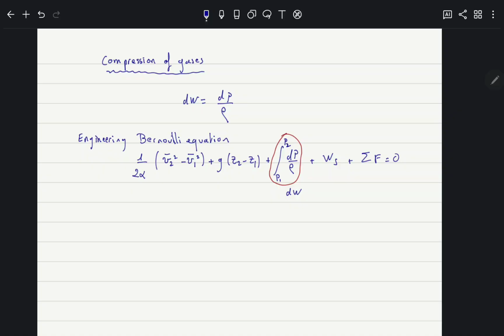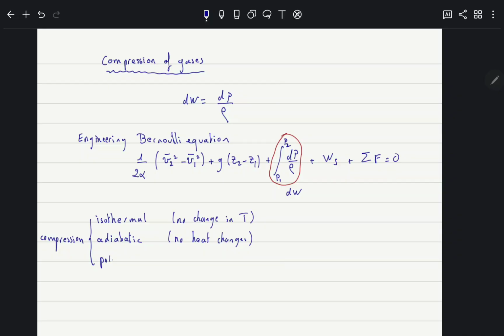So how we integrate dW, and how we determine the work of compression, is going to depend on whether our compression is isothermal, which means that there's no change in temperature, or adiabatic, which means that there's no heat changes, so basically no heat transfer, or it can be polytropic.